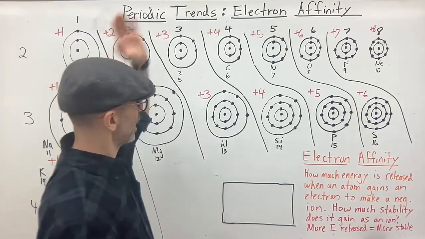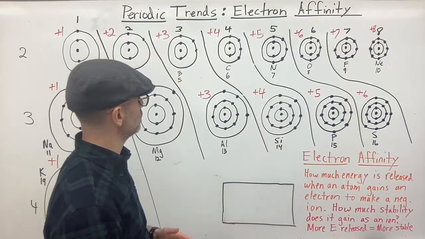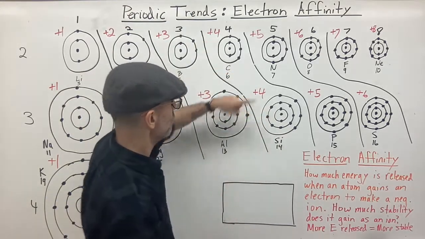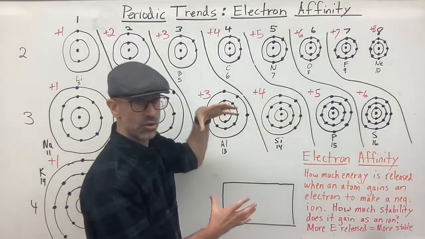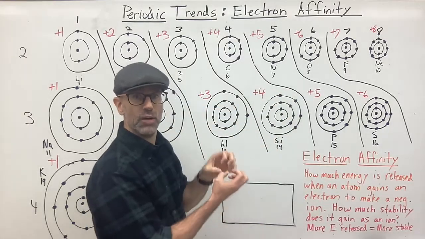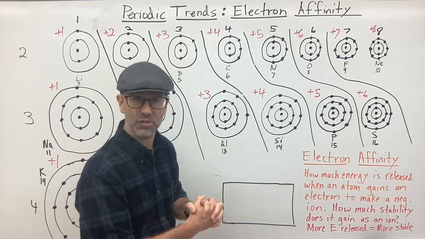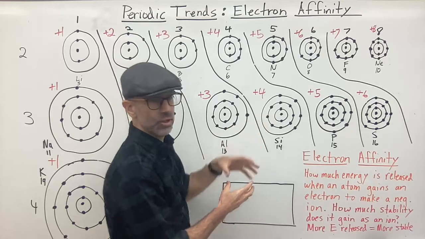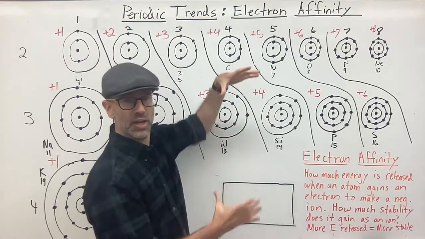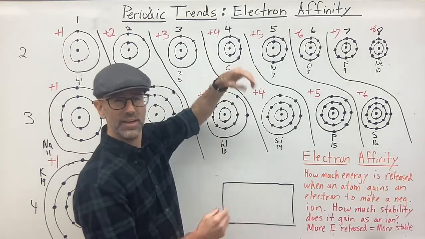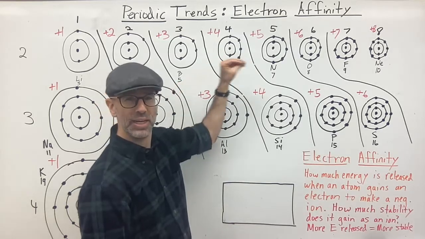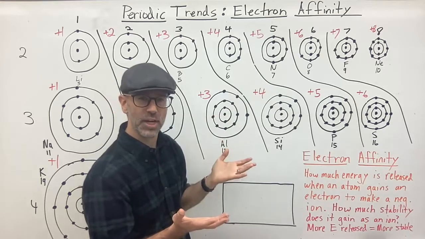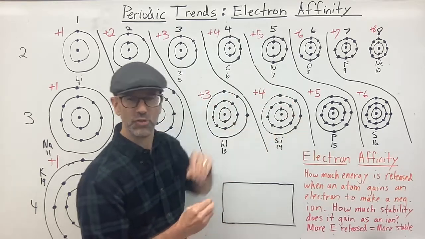What about going down a group? What would we expect? Again, we see that the atom is getting bigger, so electrons are getting farther away. The attractive force of the nucleus is not going to be as strong. So putting an electron into the atom is not going to release as much energy because you're not getting as close to the nucleus.